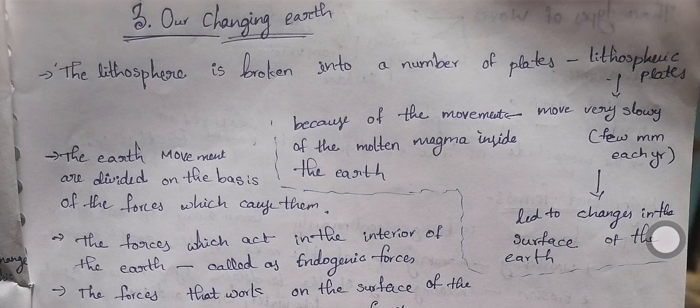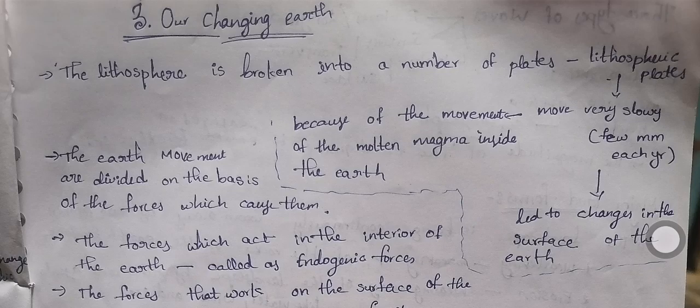That layer is called the asthenosphere. That molten magma is moving with convection currents. These convection currents are moving in a circular shape. That way the plates are also moving.